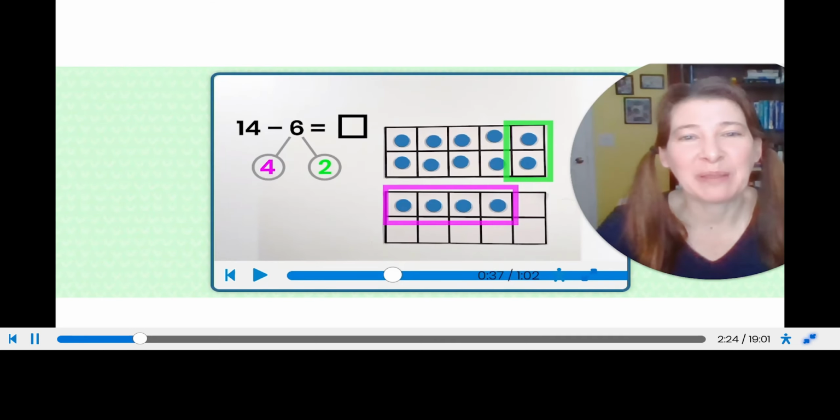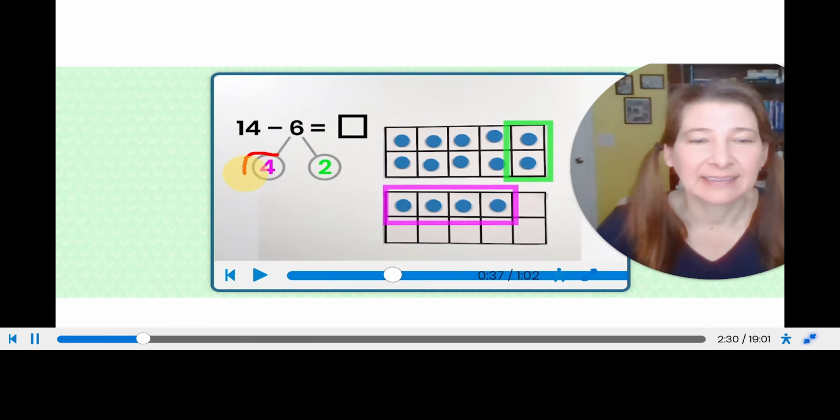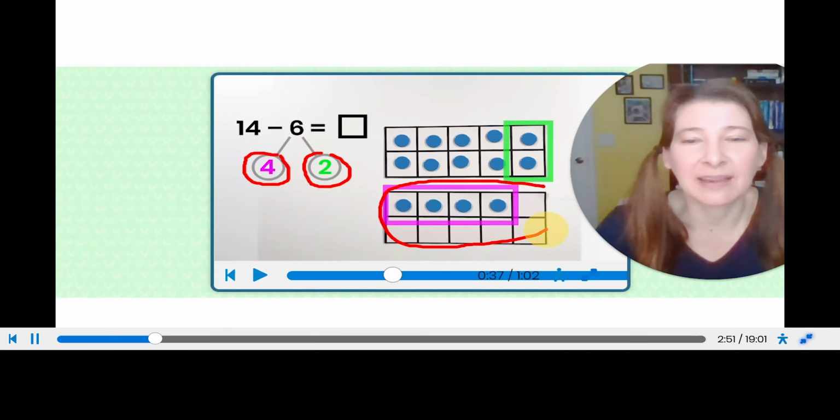Let's talk a little bit more about this strategy. To subtract 14 minus 6, they broke 6 into 4 and 2. But why 4 and 2? Why not 3 and 3 or 5 and 1? Because the goal when using this strategy is to make sure that you take away all of the counters that would be in the second frame.